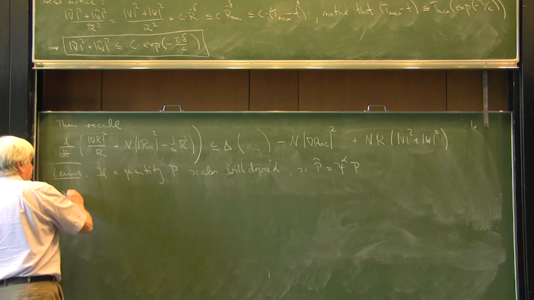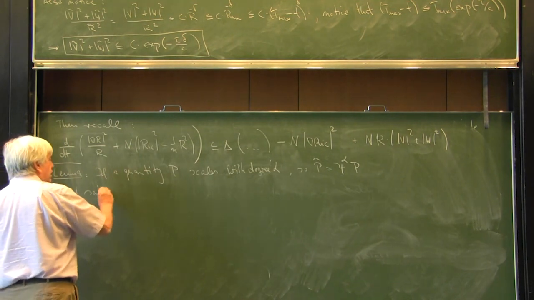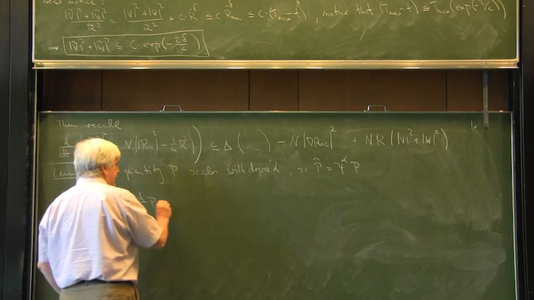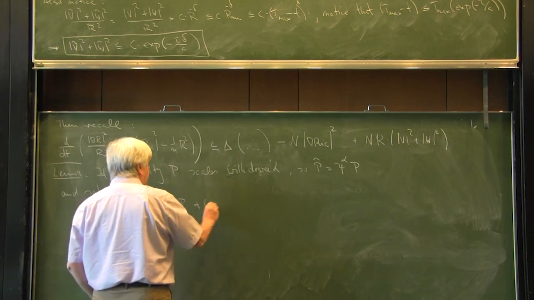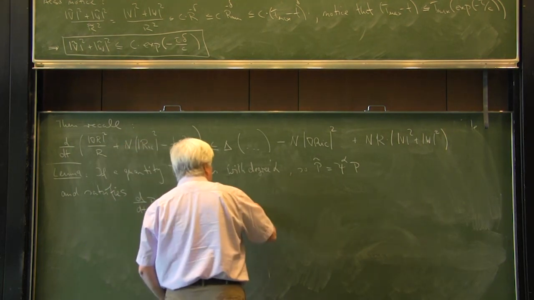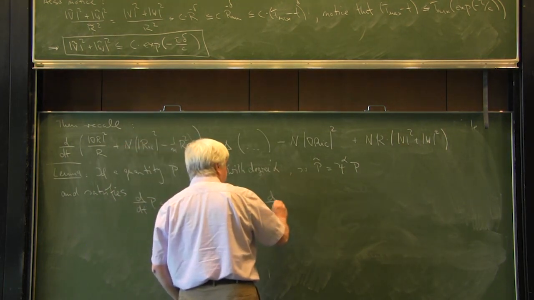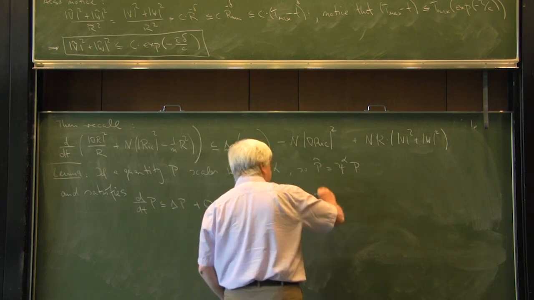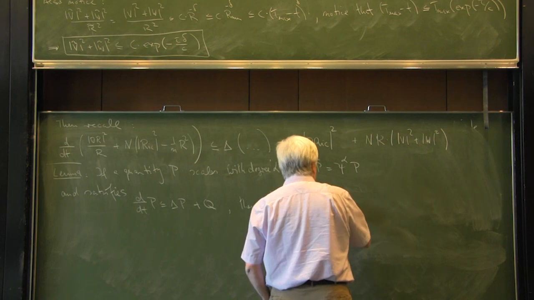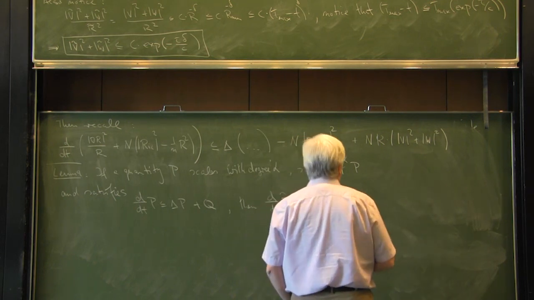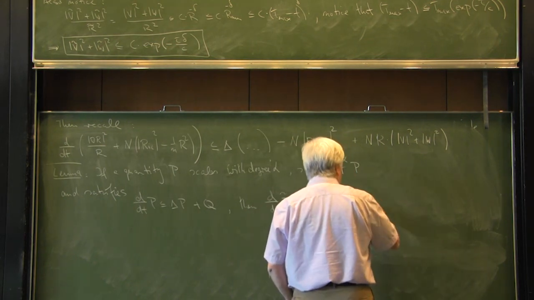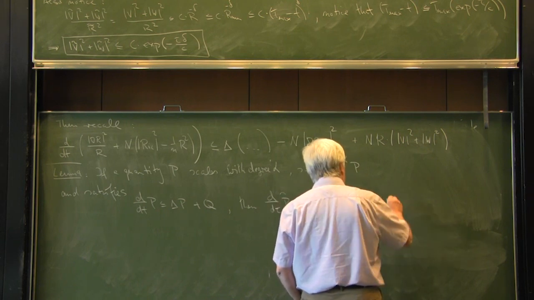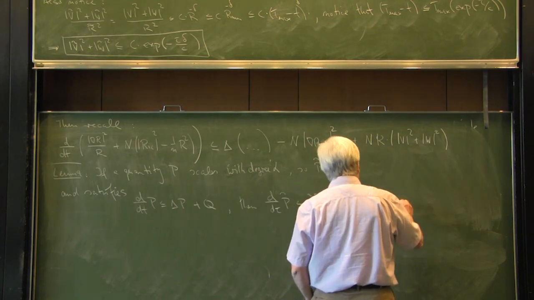And if P satisfies d/dt of P less than Laplace P plus Q, then you get d/d tau of P tilde is less than Laplace tilde of P tilde plus Q tilde plus the extra term, which is alpha, the degree, times 2 over n little r tilde times P tilde.